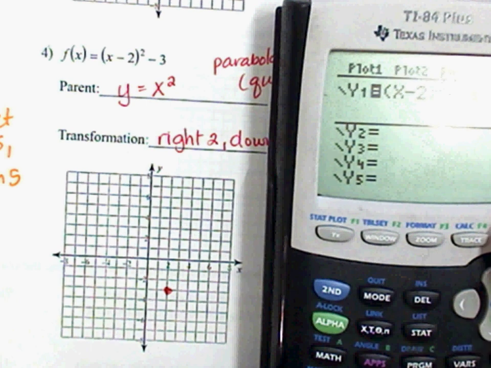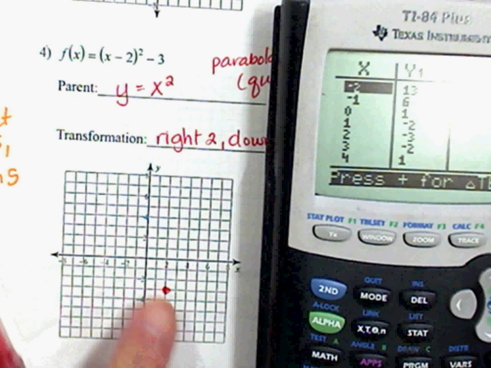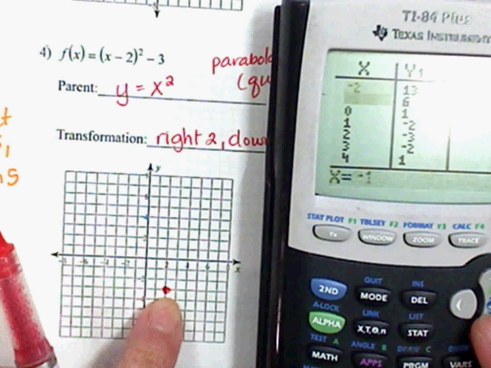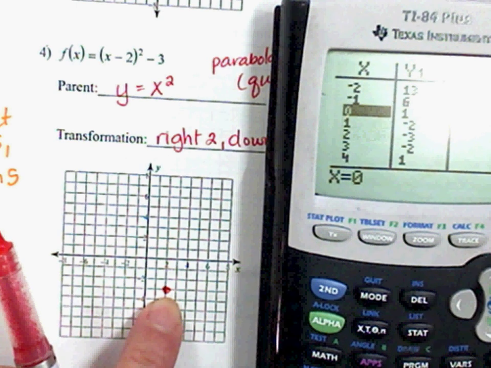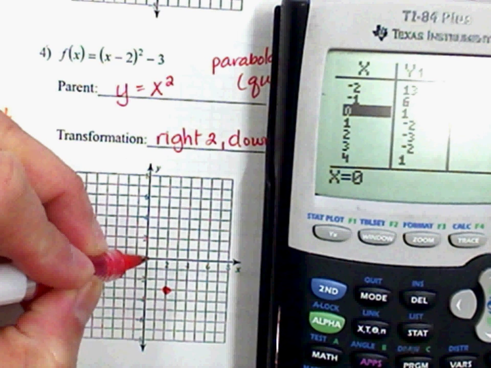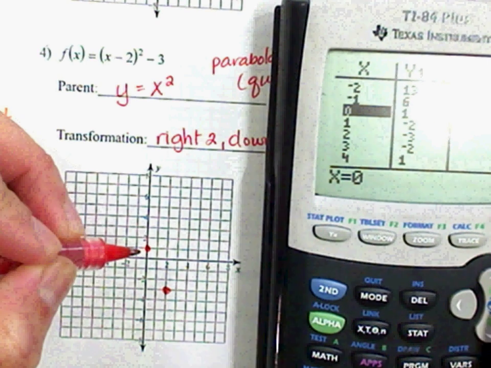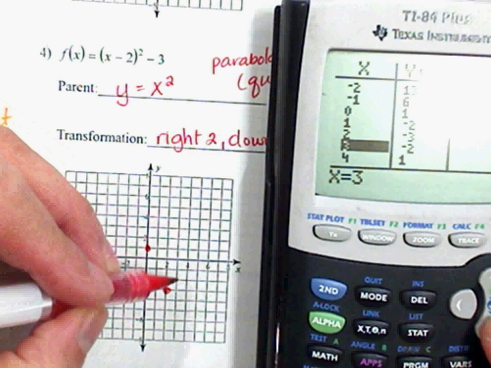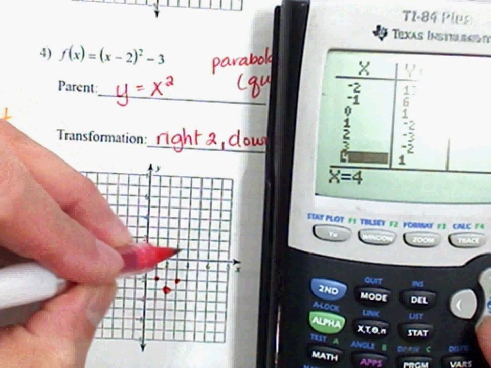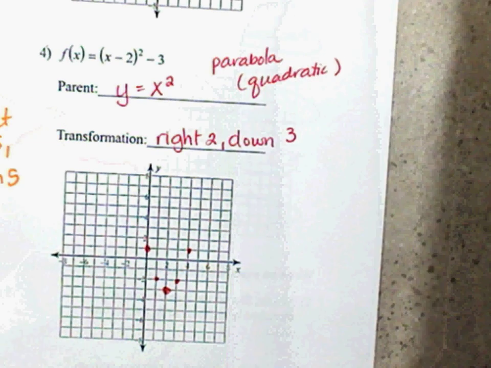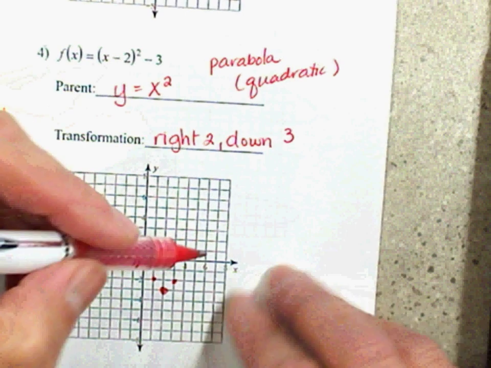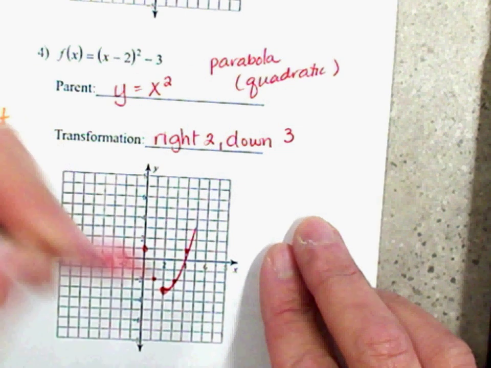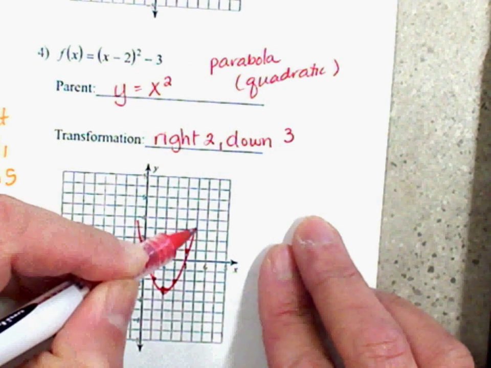Second table, go find this point. 2. 2 up, 0, 1. Next point, 1, negative 2. 3, negative 2. 4, 1. So you get the shape of that. And there you have the shape of your parabola.